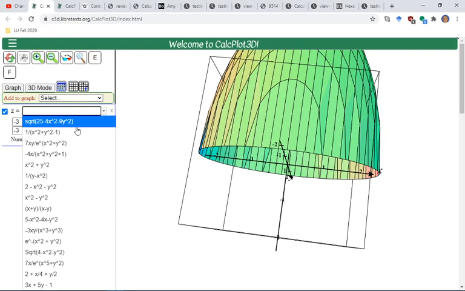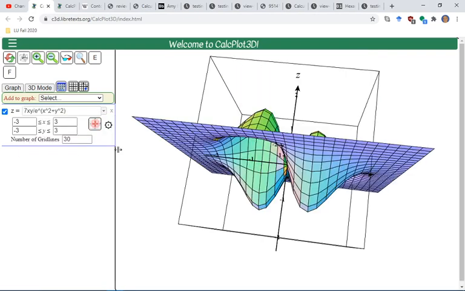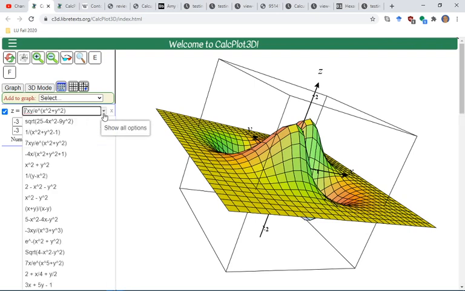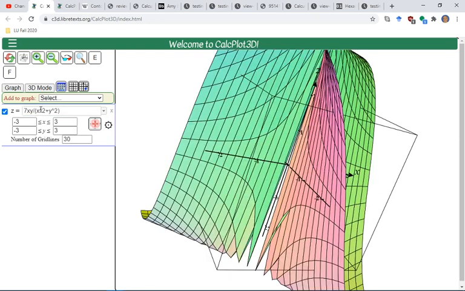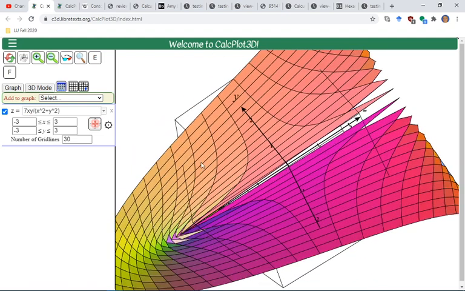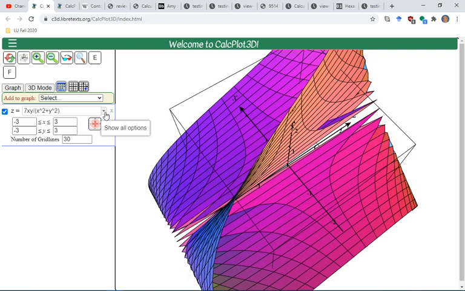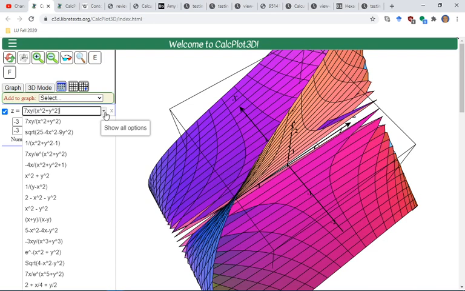So let's just pick something from here, just the basic graph, or let's just get something less complicated, something that's better behaved.